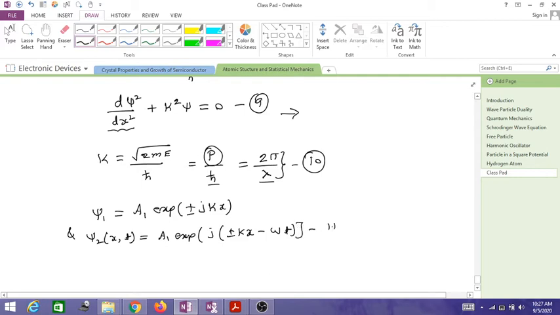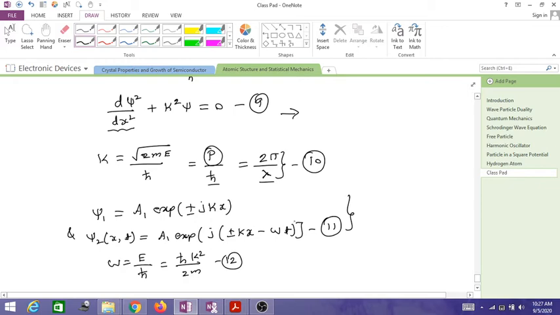Let me call this equation number 9, where omega is nothing but energy by h-bar, which is equal to h-bar k square by 2m. Right? So we'll get these state functions, that is psi 1 and psi 2.